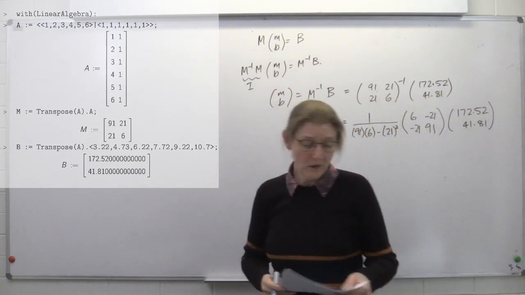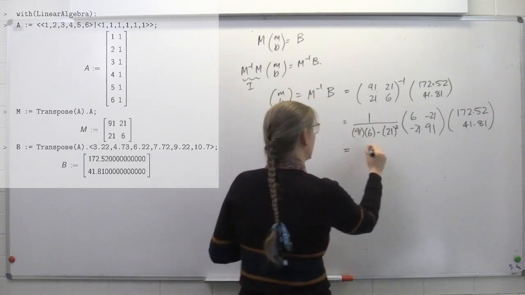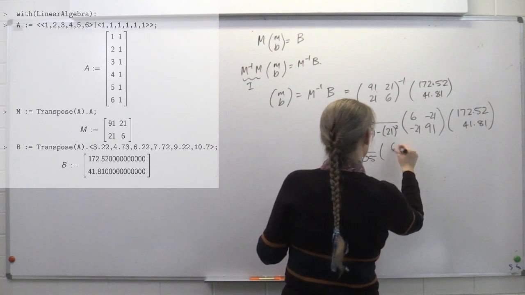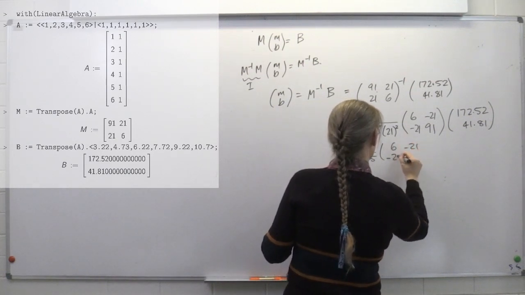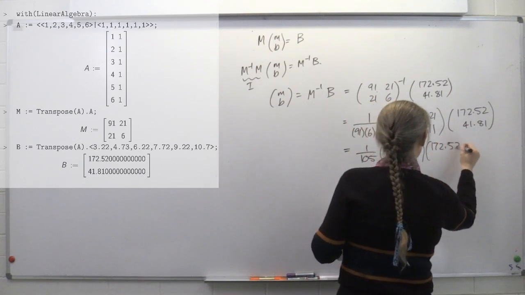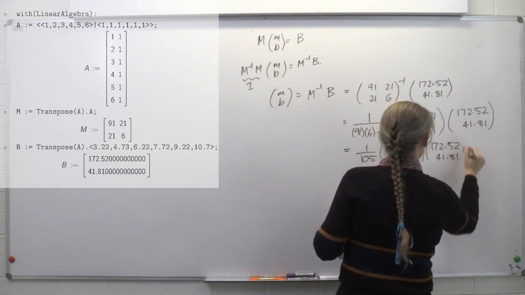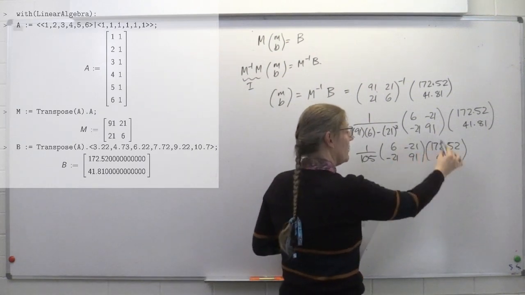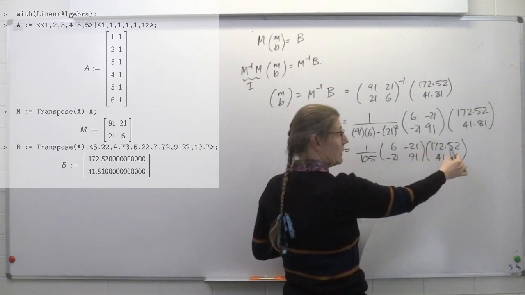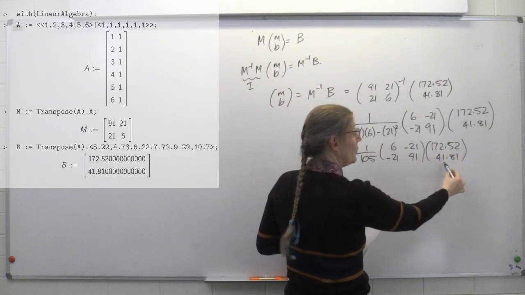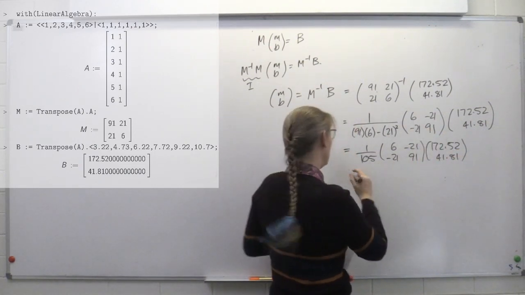So this is 1 over 105, and we've got 6, minus 21, minus 21, 91, times 172.52, 41.81, and matrix multiplying across the row and down the column. 6 times 172.52 minus 21 times 41.81, and so on.